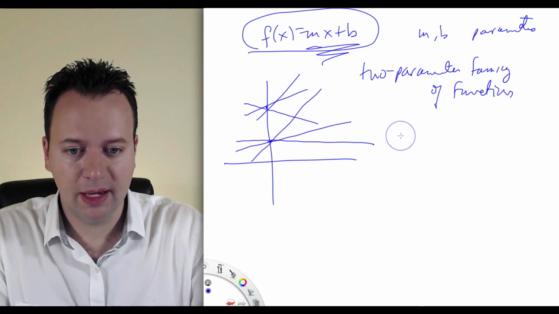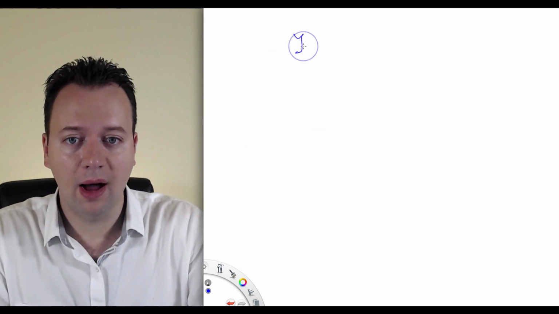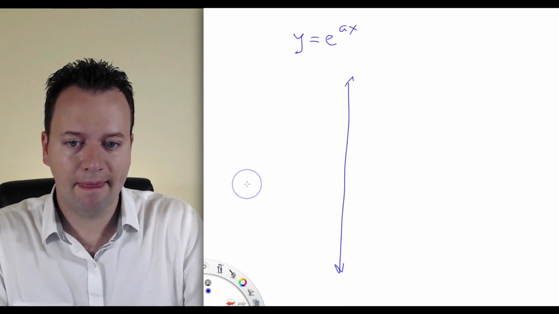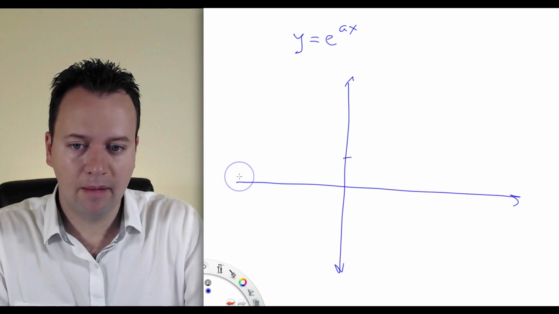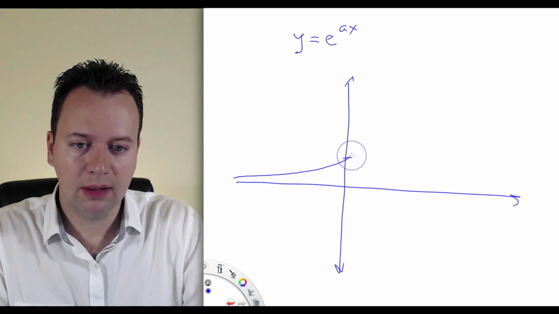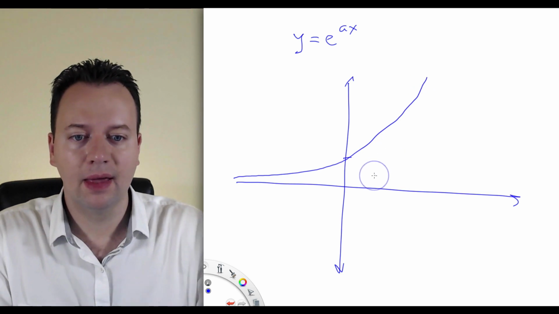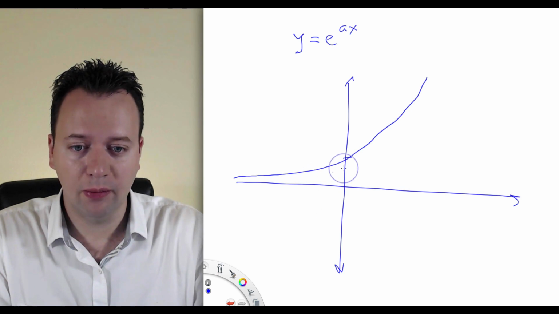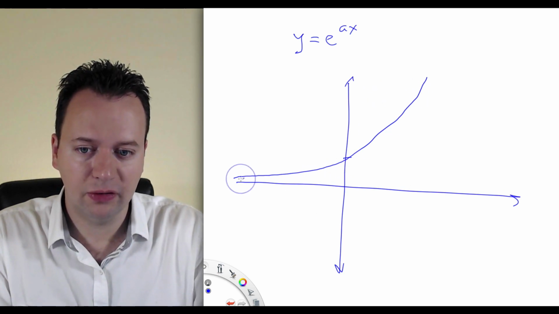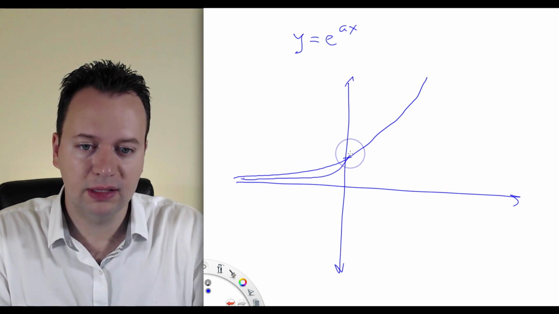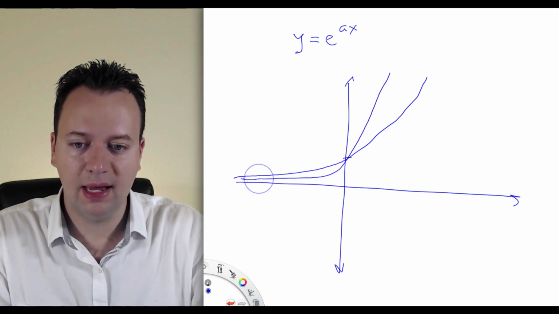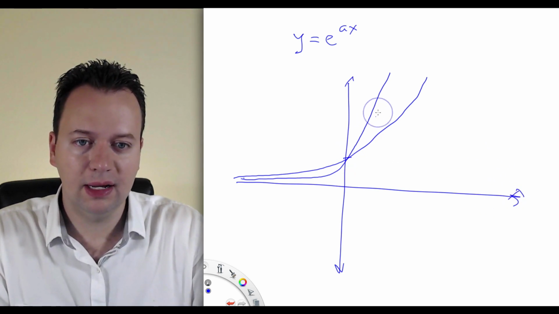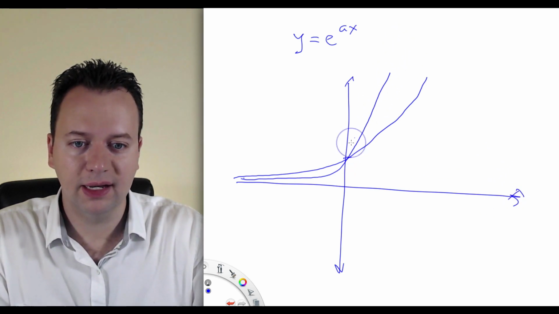Another example would be y is equal to e to the ax. So here's e to the x like that. Now if we say e to the 2x, we know that's basically a horizontal compression, so that everything gets compressed in by a factor of 2, which means that on this end it decays more rapidly as x goes to minus infinity, and on this end it grows quicker as x goes to infinity.